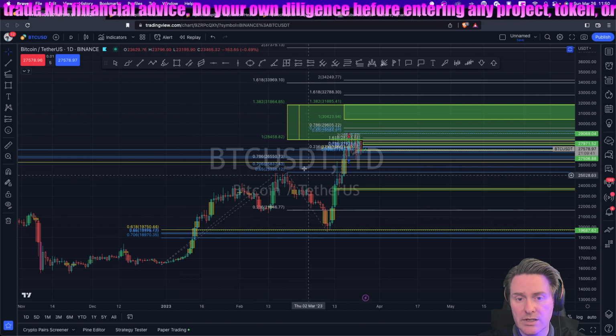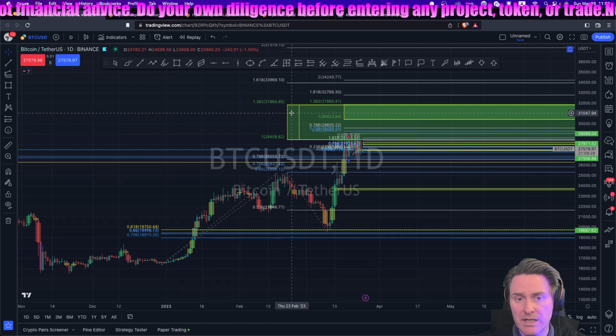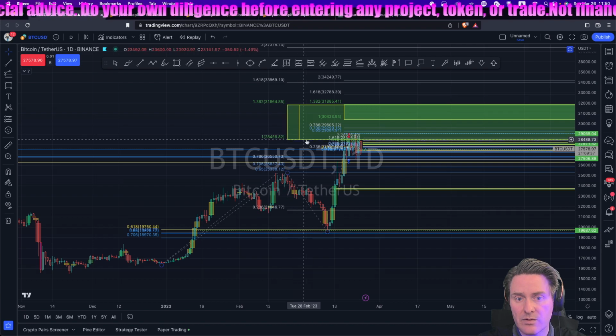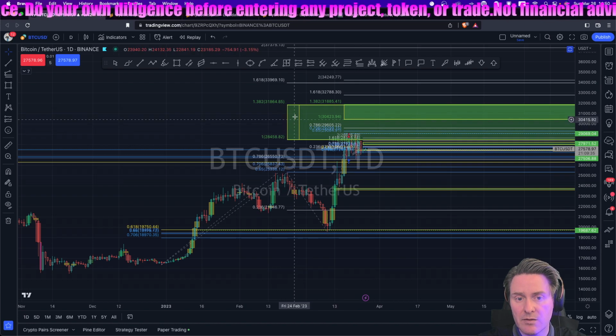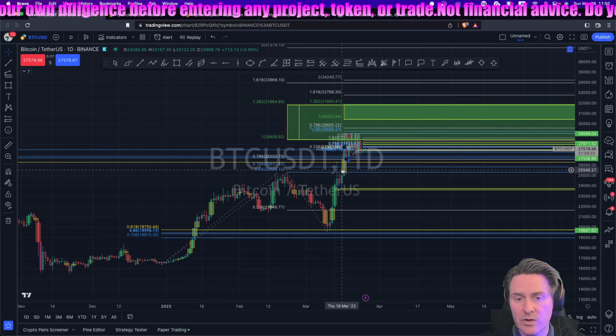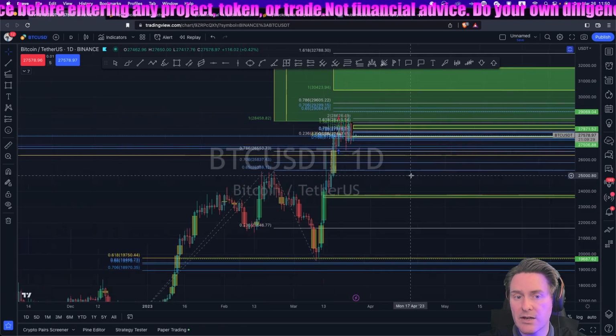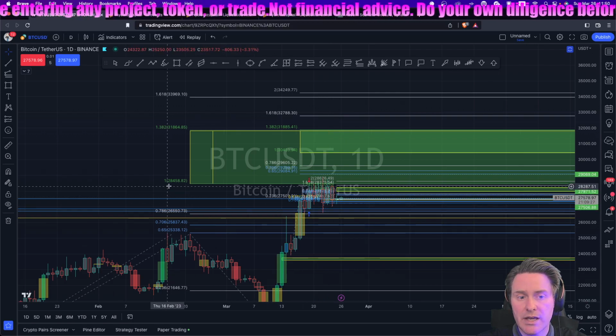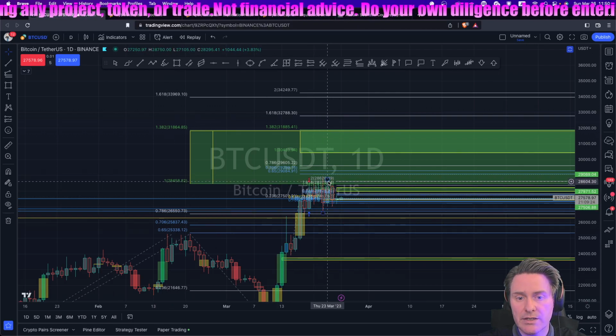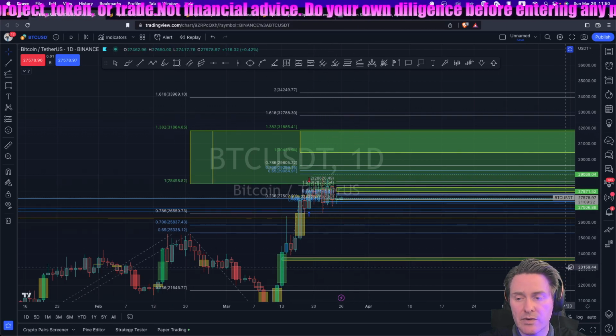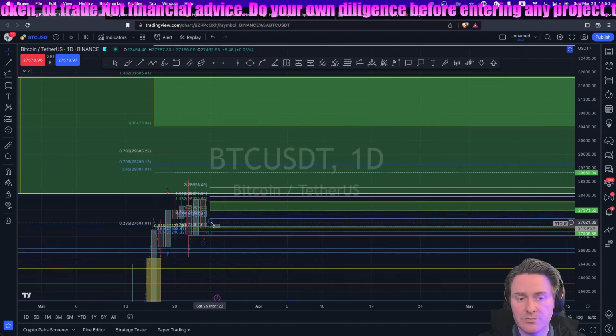So we have this leading these zones up here to 28,458, which we previously hit, and we had that there before it was even close, so the math plays out. And so we reached that 28,458 region, wicked into that pool, and have been meandering around since then.